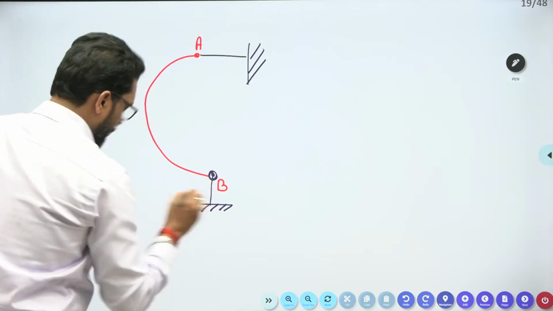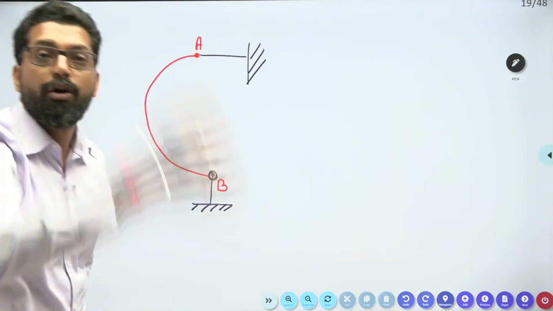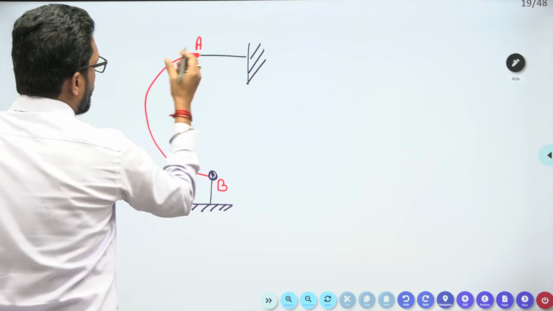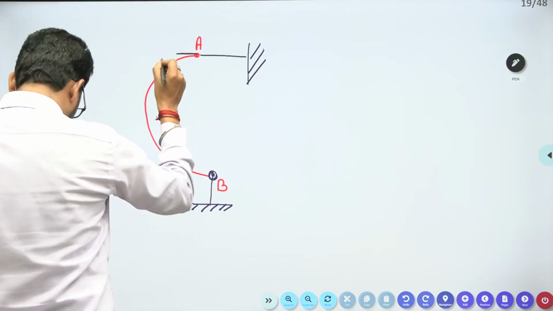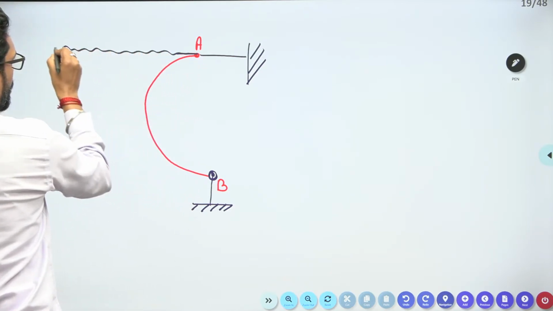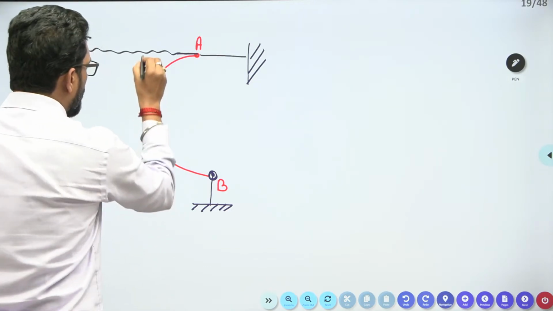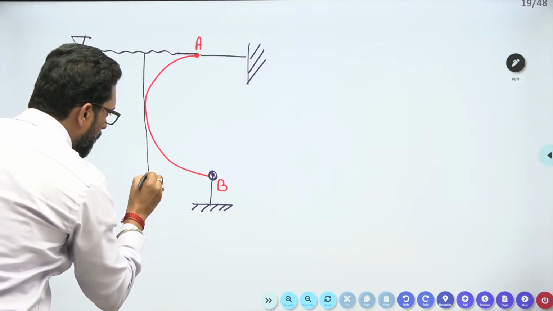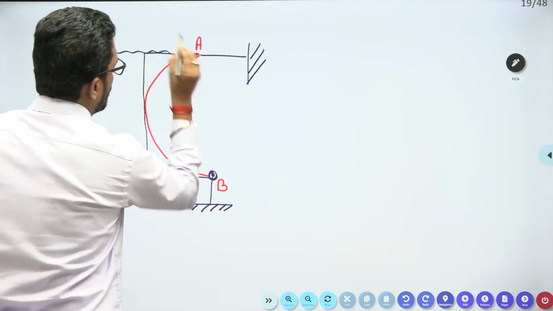Now, if we take the horizontal force, we draw a vertical projection. This is your water level. We draw a vertical projection up to this point.